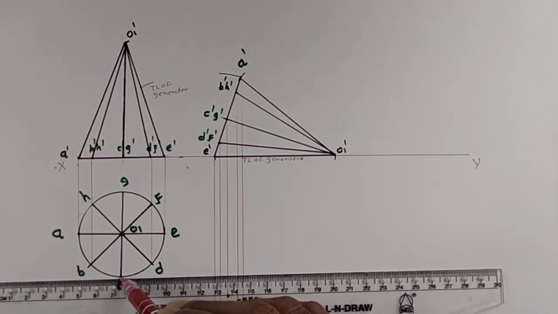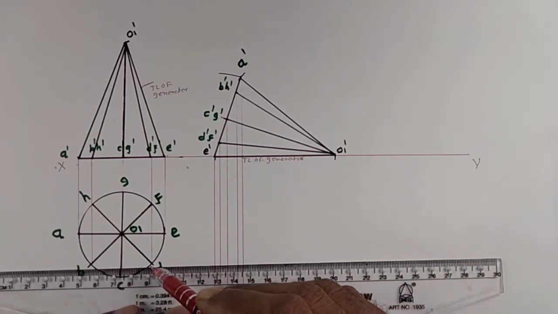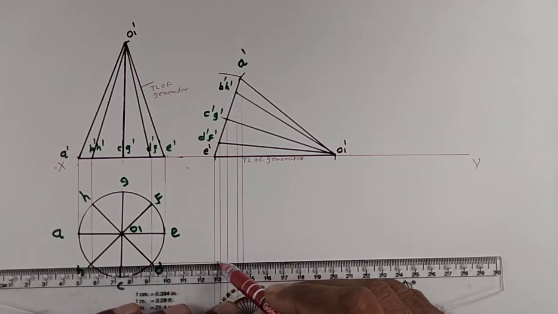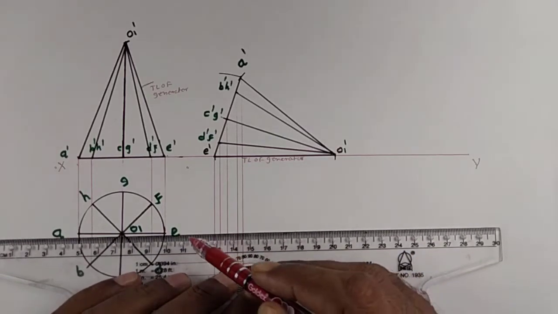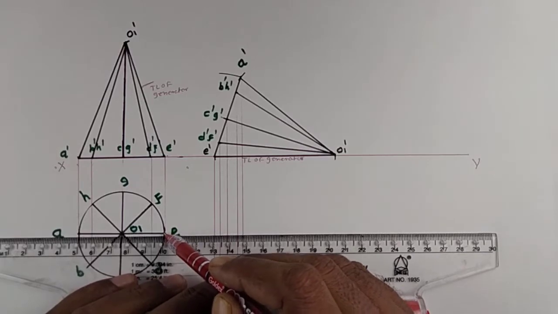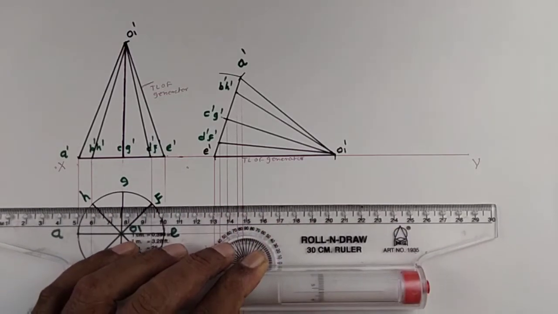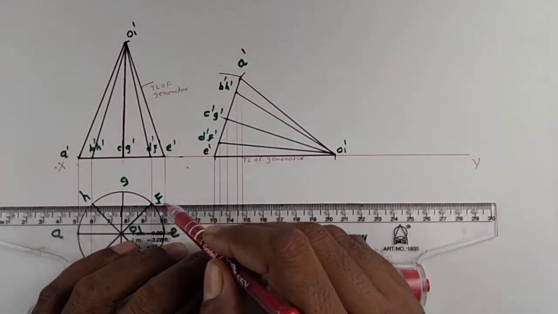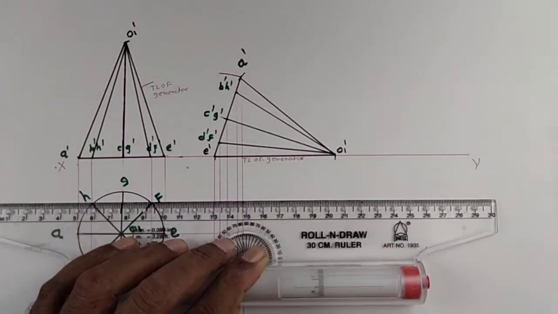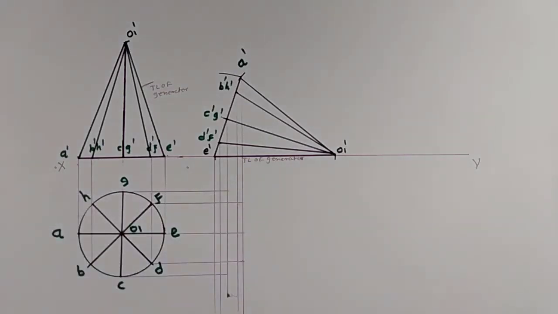So this is your C, it is your B and D, this is A and E, it is your H and F, this is your G.